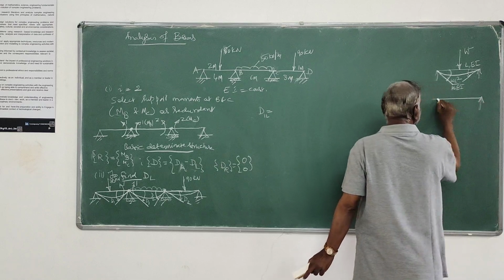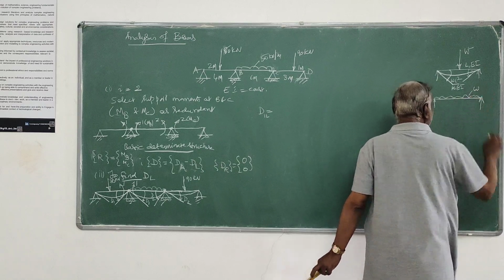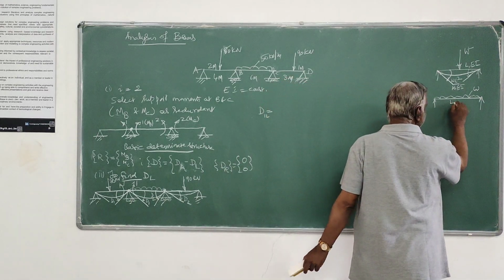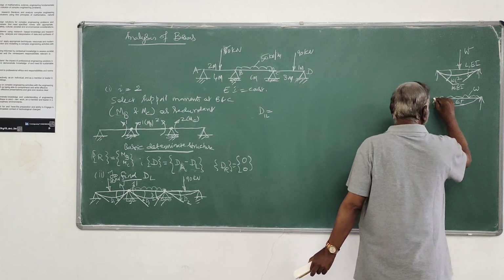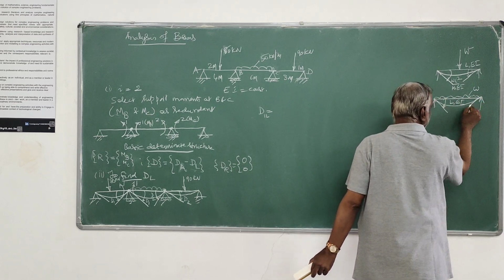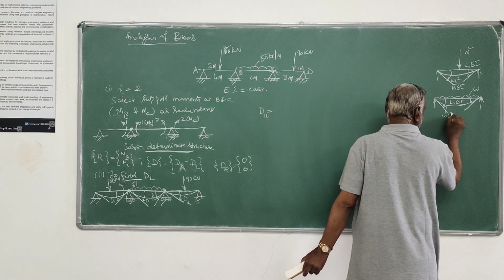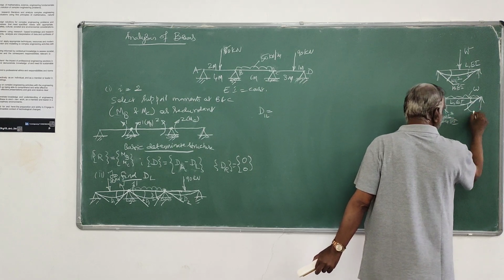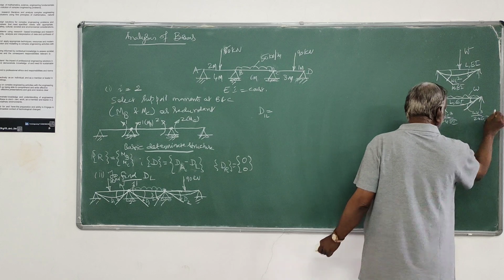Similarly, if there is a UDL of intensity W kilonewton per meter length and flexural rigidity EI, the slopes at the ends are given by WL cubed by 24 EI. Here also WL cubed by 24 EI.